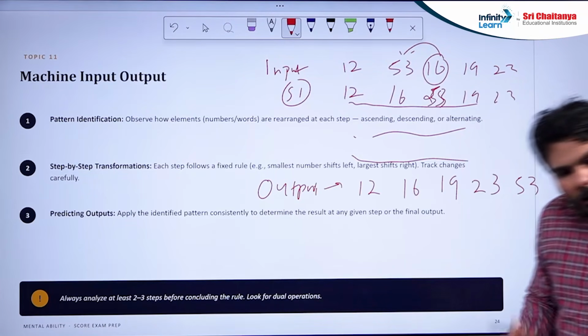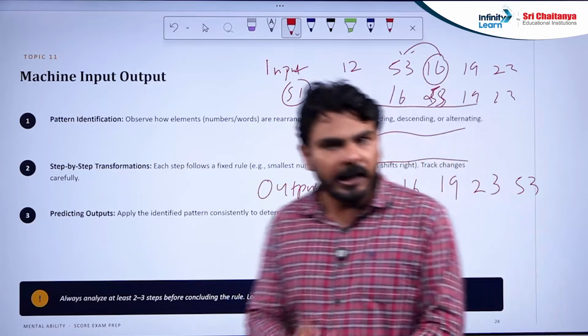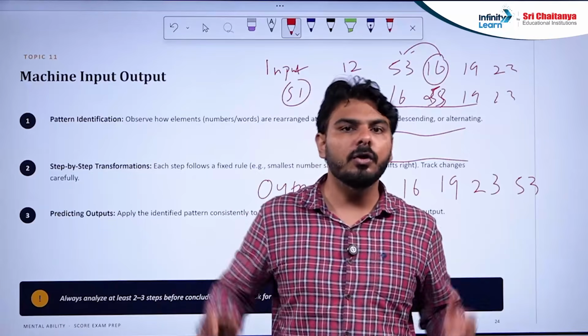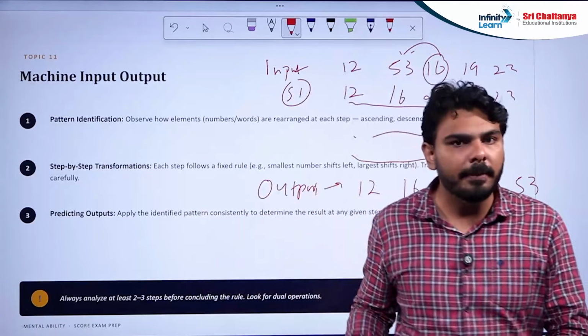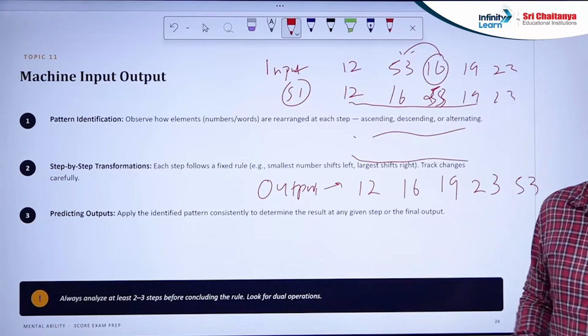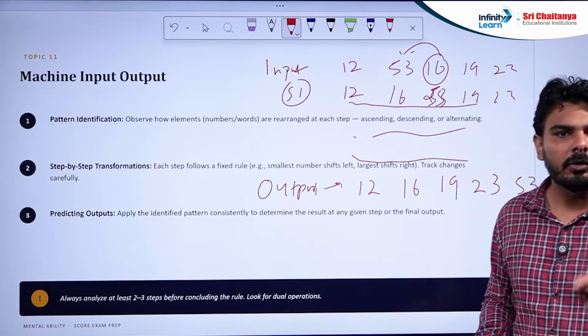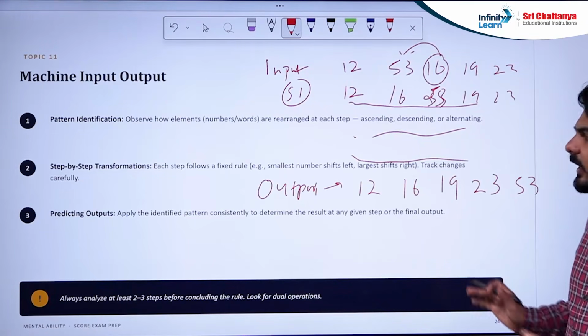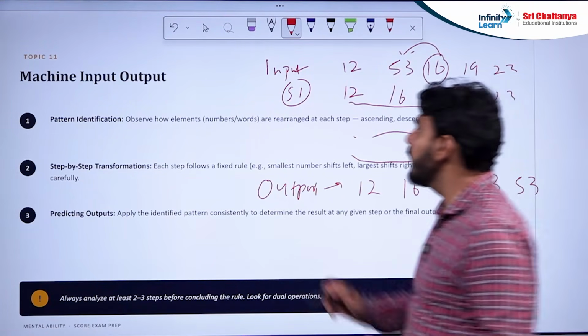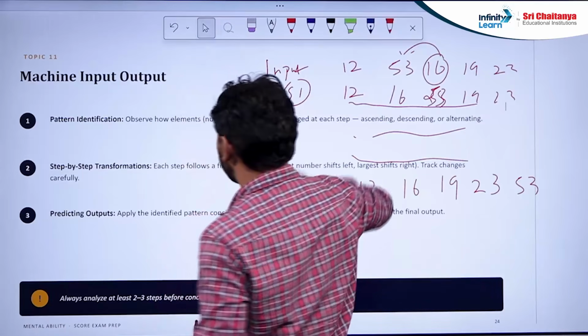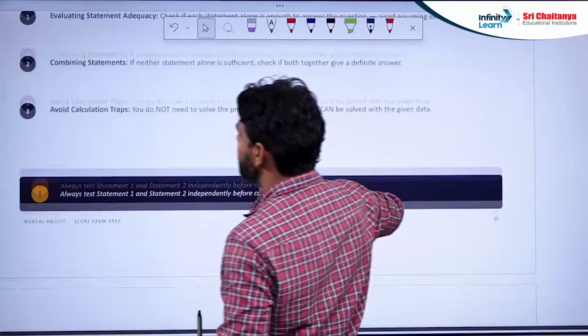Okay, if you're not understanding this topic currently, don't worry about it, because I'm just giving an example, I'm just briefing it out. You don't have to be frightened about it. We will study this topic in detail afterwards. Okay, so let us now move on to our next topic. Our next topic is data sufficiency.